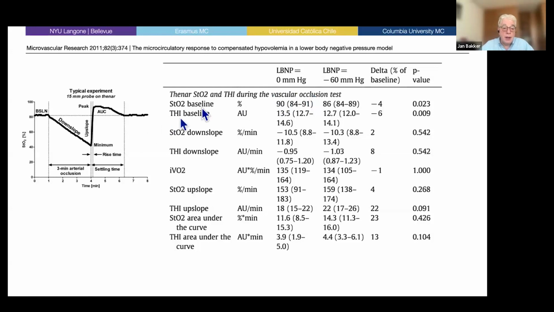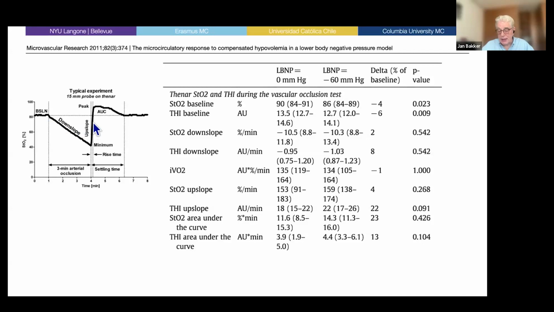And so if you do this and you do a vascular occlusion test, a little bit too much for this presentation, but it's a dynamic test of the peripheral circulation, to a decrease or a shutdown in flow and then a reperfusion phase. So you increase the cuff pressure on the upper arm, you completely shut down the arterial flow to the lower arm.